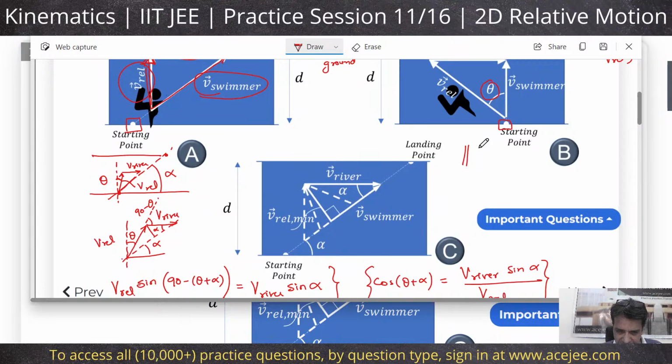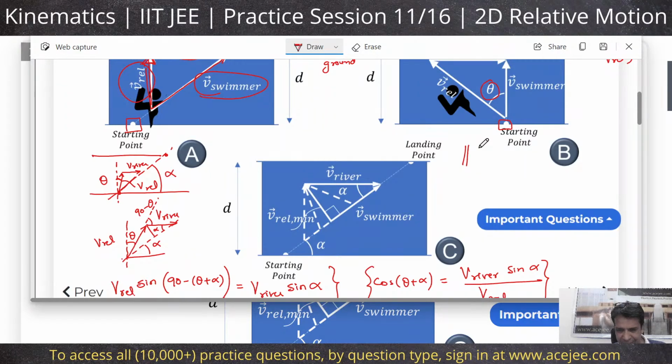Let me see if I can correct the statement. This is the starting point. We know the landing point and we know V river. And the question is, what will be the minimum speed with which the swimmer should swim such that he or she reaches that landing point? In fact, the number E that I did is in this problem in some ways, not entirely.